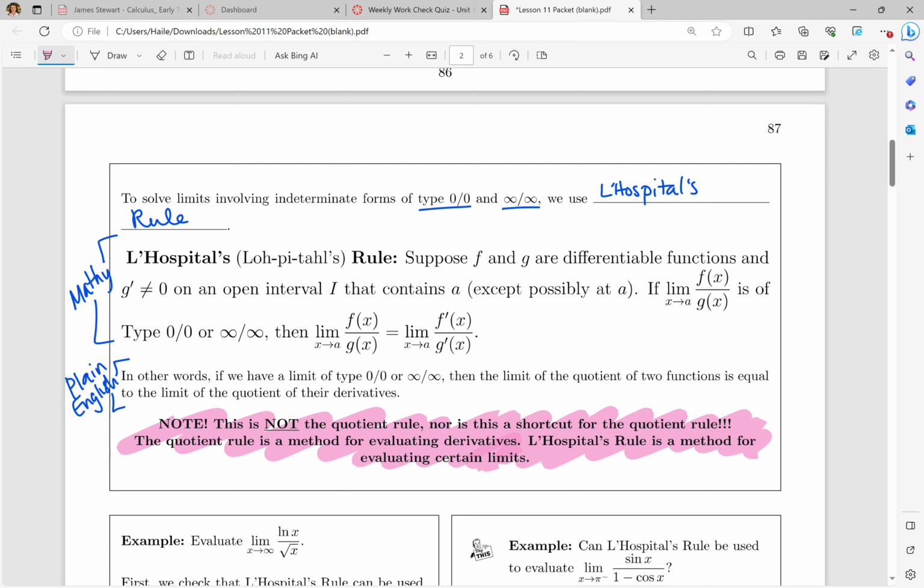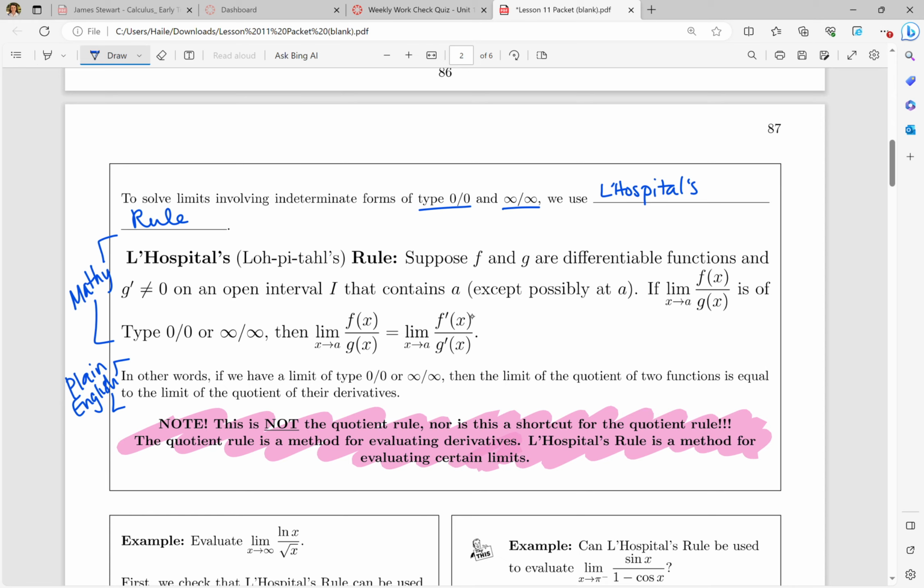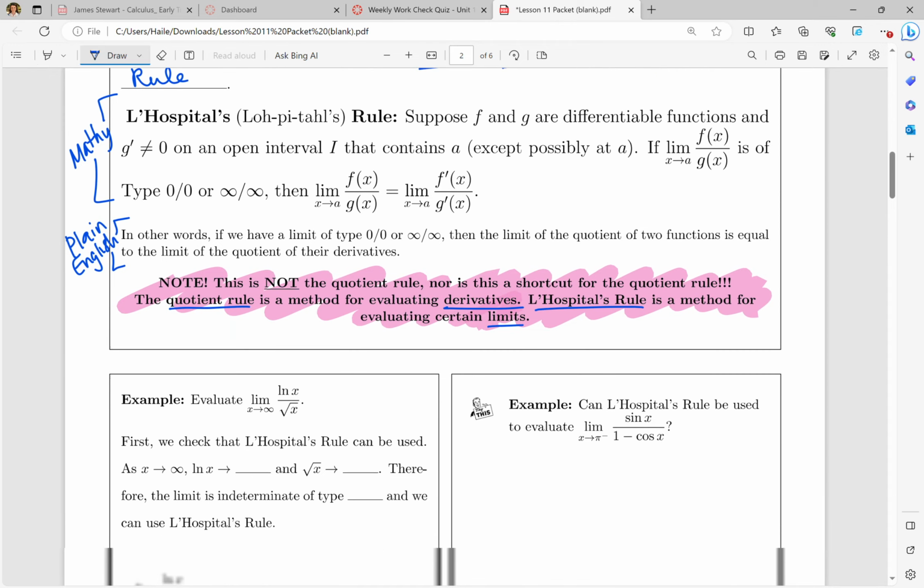The quotient rule is a method for evaluating derivatives. L'Hopital's rule is a method for evaluating limits. They are not the same, and I see that all the time with students. They get the two things confused because they're both quotients, but quotient rule goes with derivatives, L'Hopital's rule goes with limits. So hopefully that sticks.